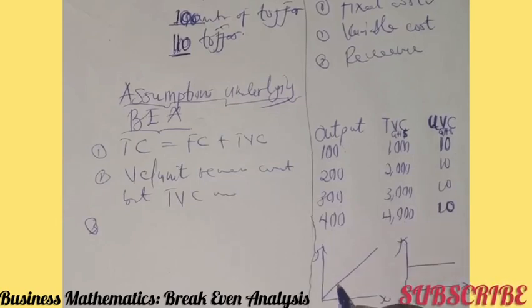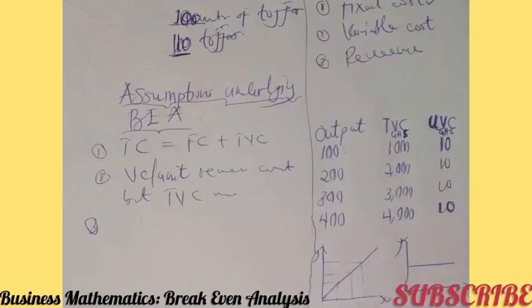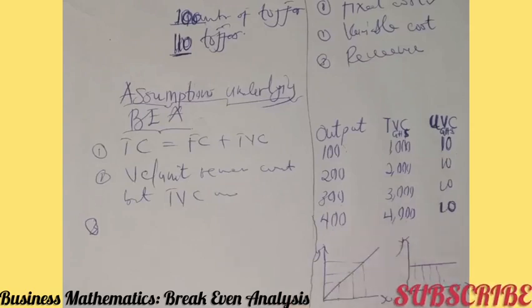If the output is here, the cost is this. If the output is here, the cost is that. So the cost changes with respect to changes in output. But here, as output changes, it remains the same. And that's the assumption: the variable cost per unit remains constant while total variable cost changes with the level of output or sales.